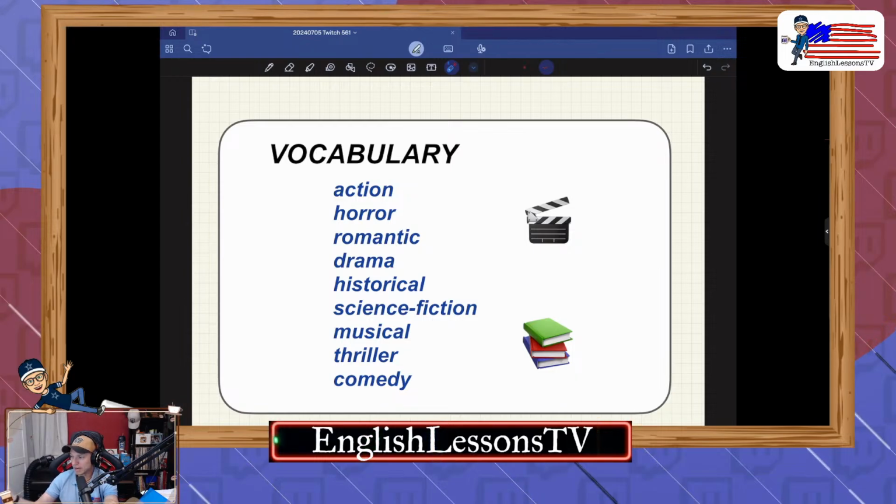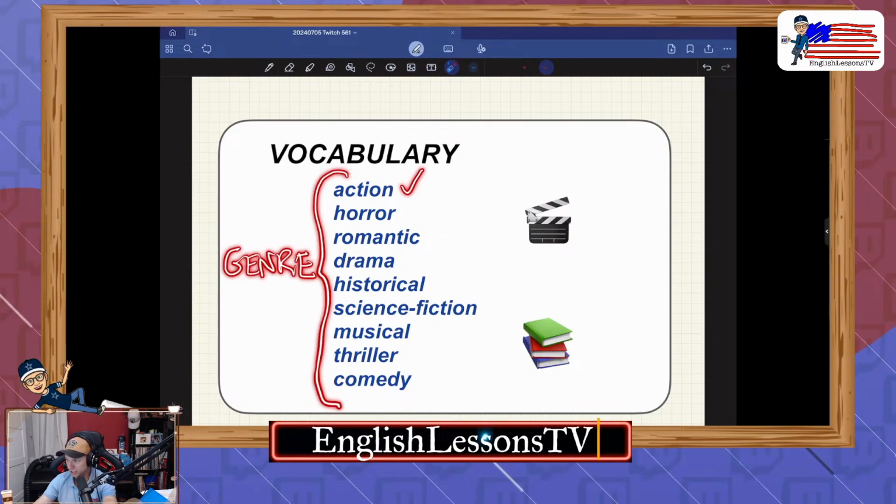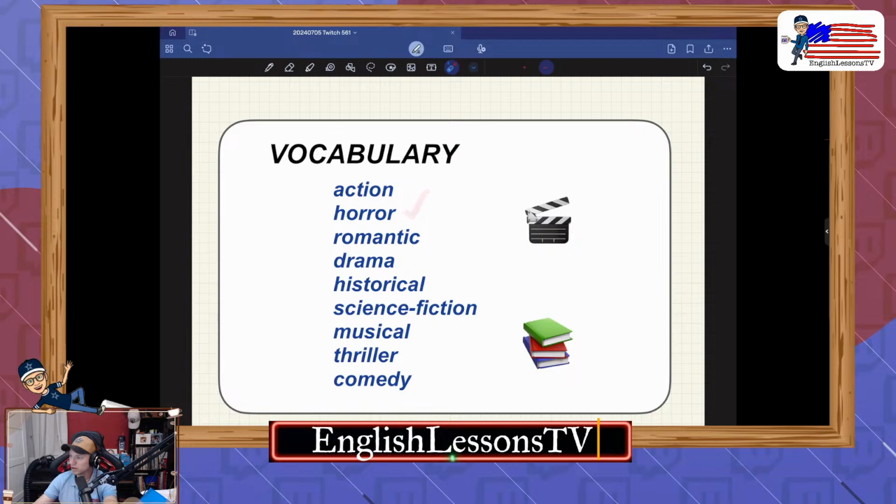So when you have a book or a series or a movie, the genre, because this is called the genre, can be any of these. It can be action, horror, romantic, drama, historical. It could be science fiction, musical. It could be a thriller or a comedy or a combination of some of these.